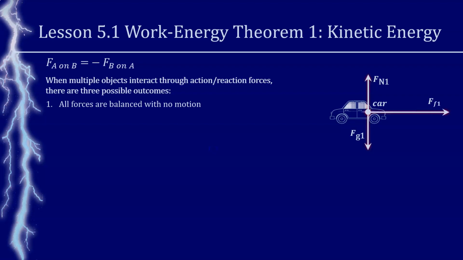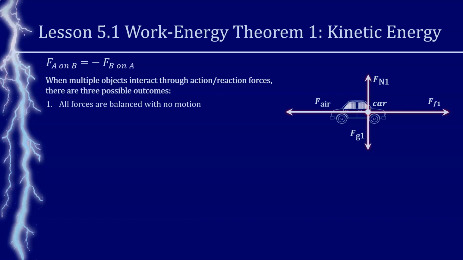I could also have a situation like this. Let's say I have a frictional force of the tires pushing backwards on the ground, which is propelling the car forward. Now, you heard me mention the action-reaction pair there. The frictional force pushing backward on the ground propelling the car forward. And actually, this frictional force in the diagram is the ground pushing on the car forward.